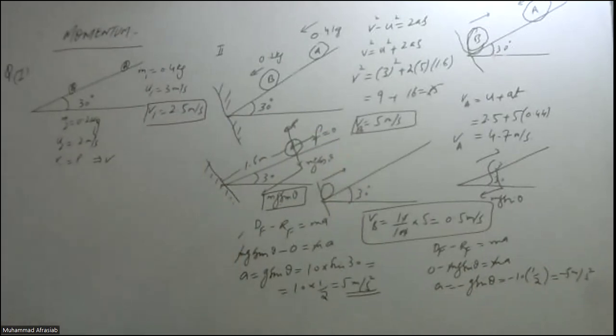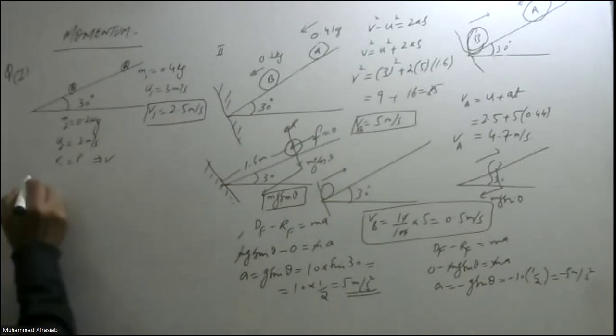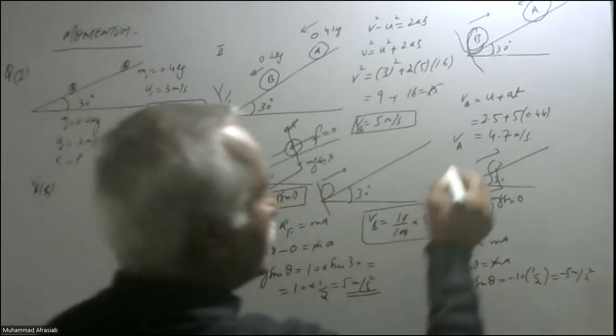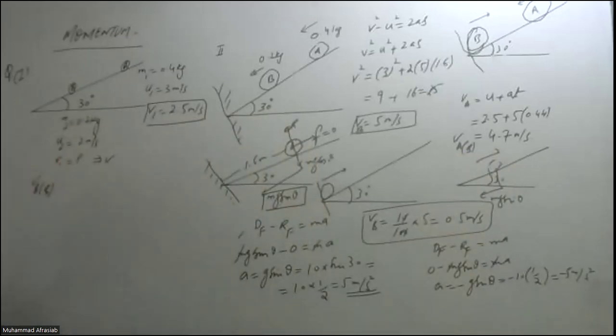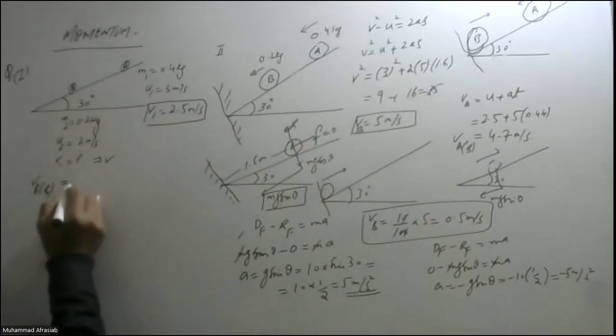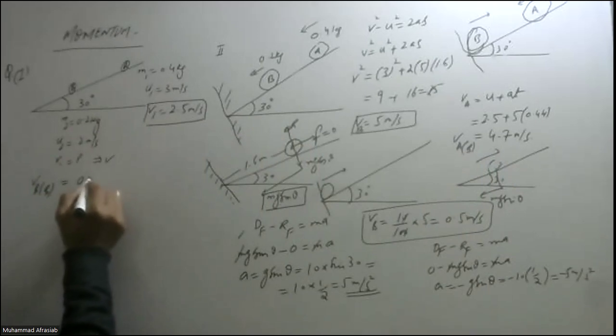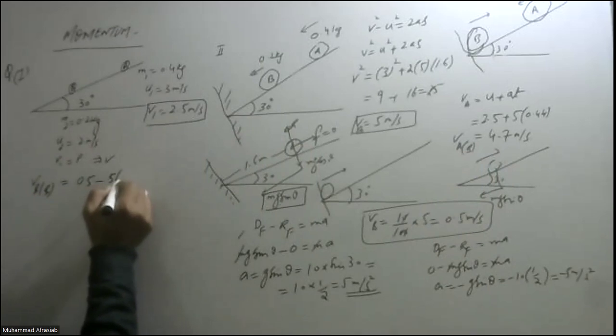Now, for particle B before the second collision, this is the velocity of A before the second collision. So B before the second collision has a speed of 0.5 meters per second, minus 5 into the time.